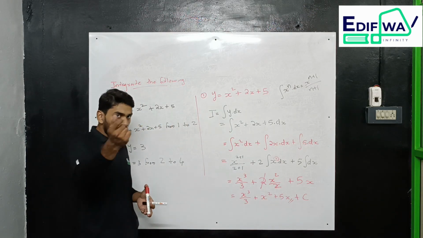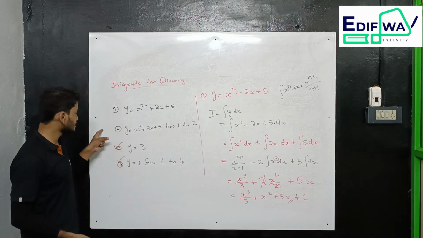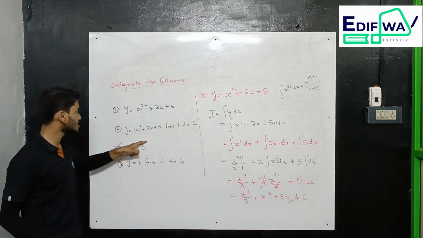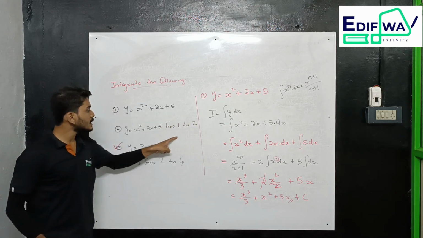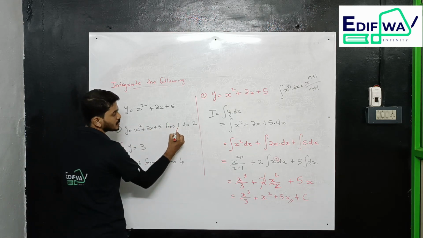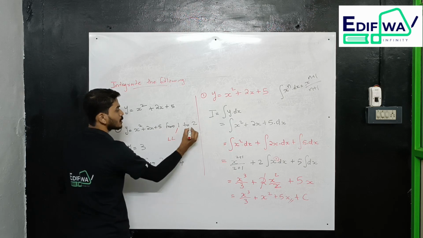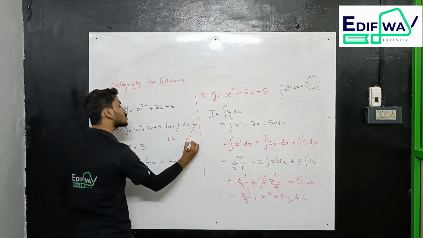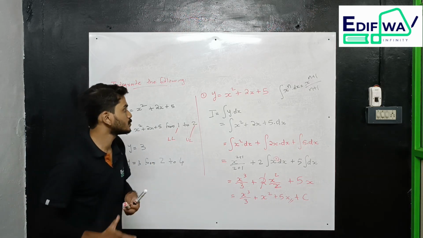Okay. Now just come here. This one is definite integration. The lower limit is 1, upper limit is 2. So how to do that?